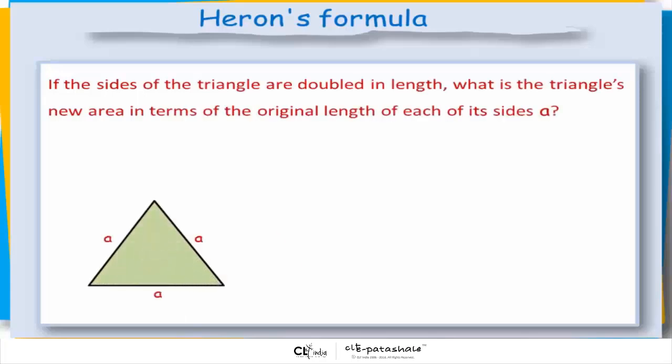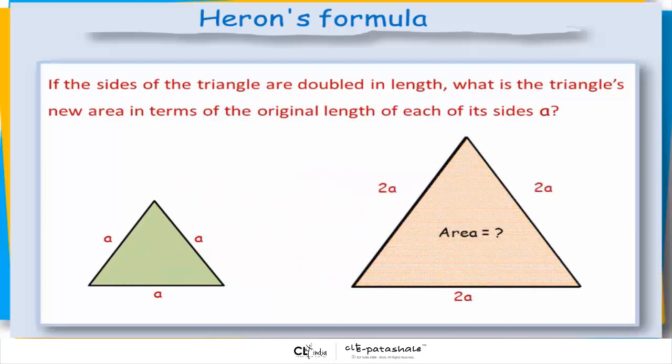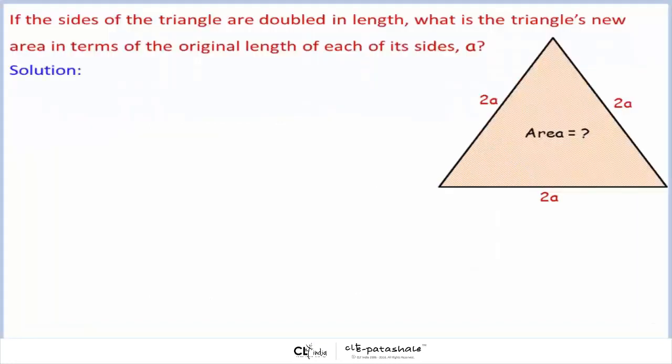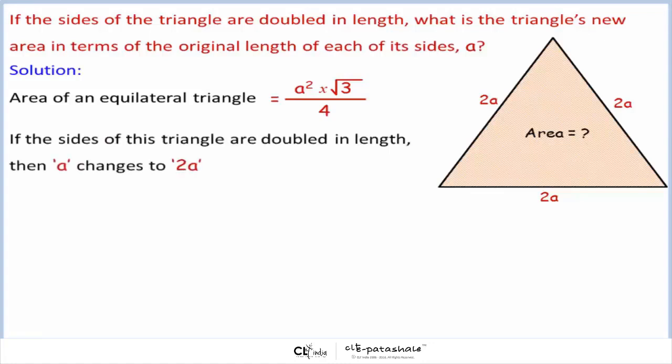If the sides of the triangle are doubled in length, what is the triangle's new area in terms of the original length of each of its sides A? Solution. Area of an equilateral triangle is equal to A square multiplied by square root of 3 divided by 4. If the sides of this triangle are doubled in length, then A changes to 2A.